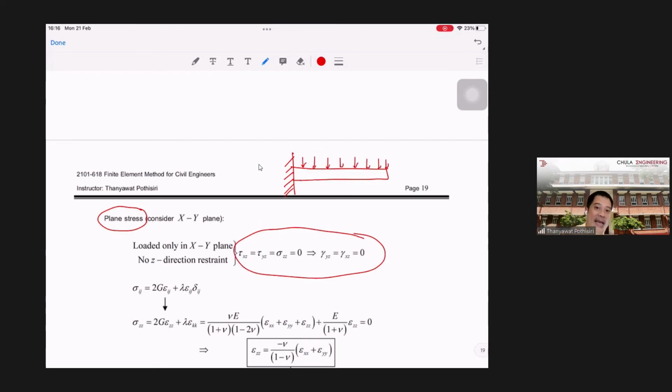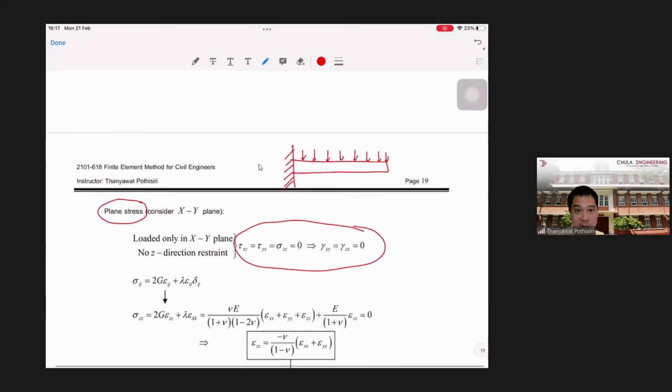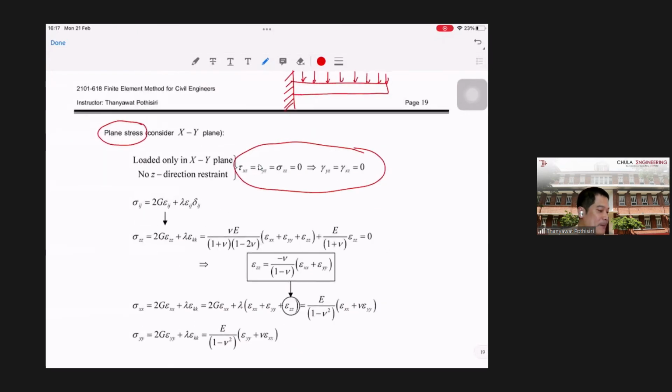So the loading is acting in the plane of the structure, and in plane structural analysis, you normally assume no out-of-plane behavior is going on. So you assume that all the stress components are happening in plane only. Most structural analysis or structural mechanics problems would fall into this category.